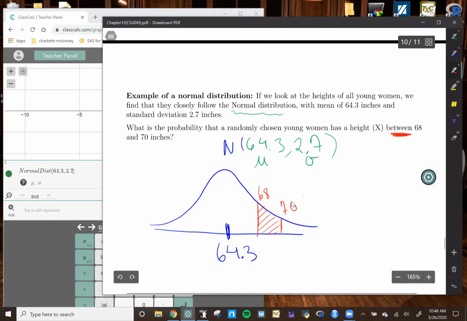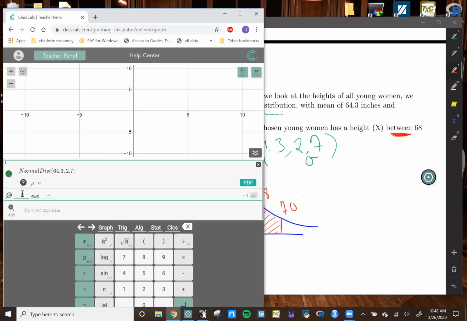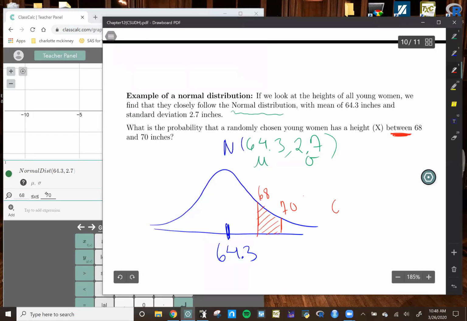What's the highest number that gets shaded? 70. Yeah. So we'll say 68 to 70. And it'll give us the probability. So it says 6.79%, or you could say 6.8%.